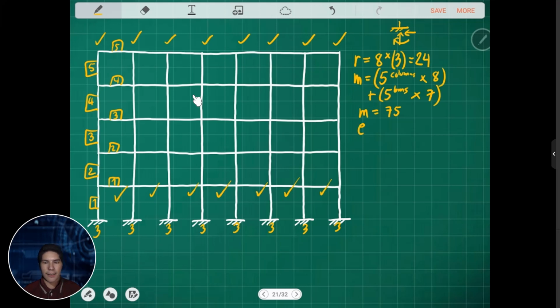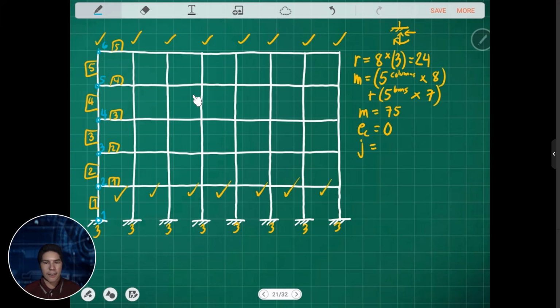So the EC, we have no internal hinge, internal roller or internal glide. So we have 0. And for the number of joints, we count. So we have 1, 2, 3, 4, 5, and 6.